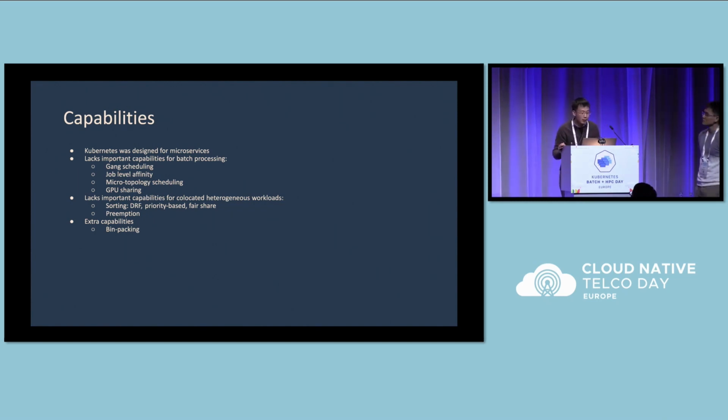We also care about macro topology scheduling to improve the scheduling accuracy. By the way, Kubernetes also lacks some capabilities for co-located workloads, such as domain resource fairness and priority-based sorting, and we also have sorting like fair share.